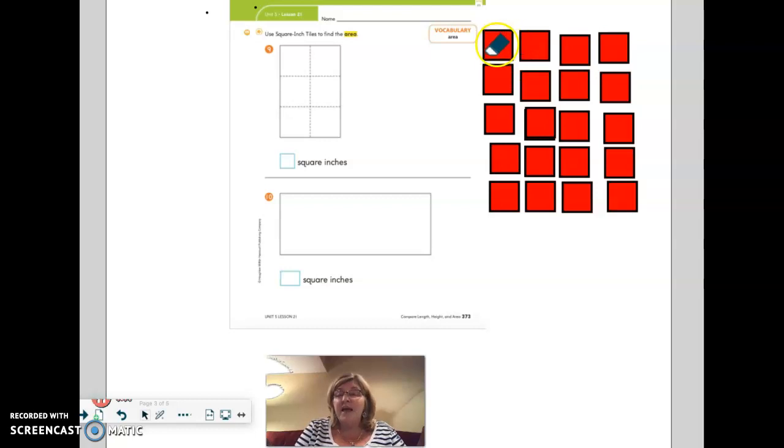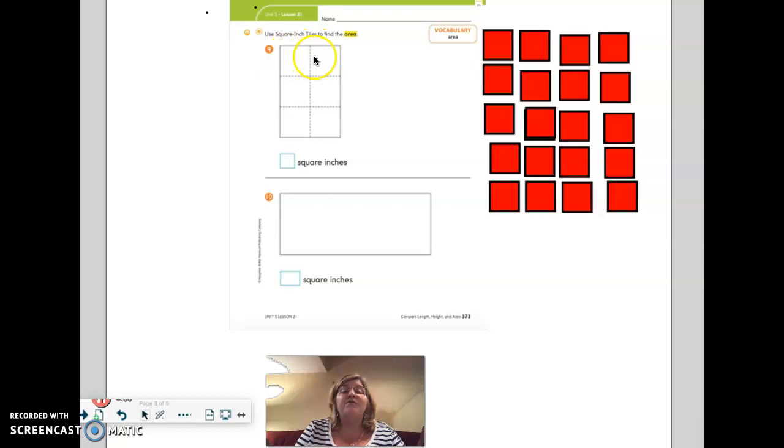But you may have toys or Legos, though they might be smaller than a square inch. The only way you could really replicate this is by cutting pieces of paper that are 1 inch by 1 inch. So don't worry if you are not able to actually complete this paper at home. We can complete it here together.